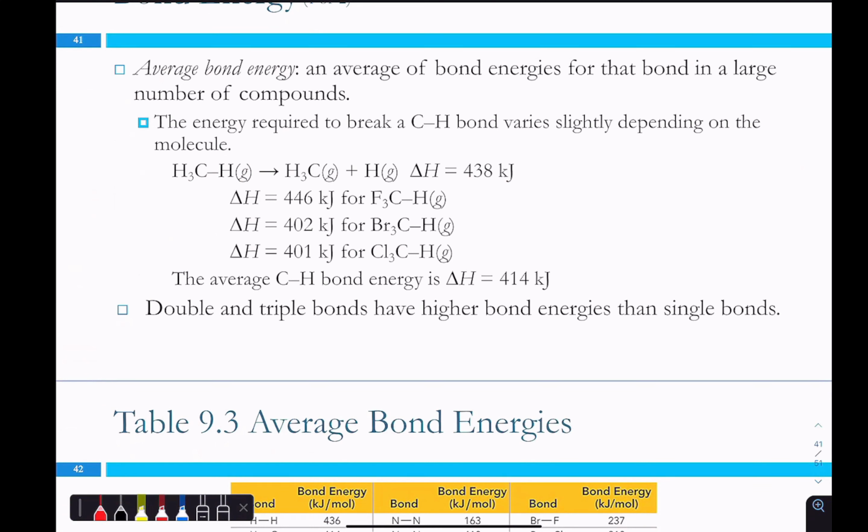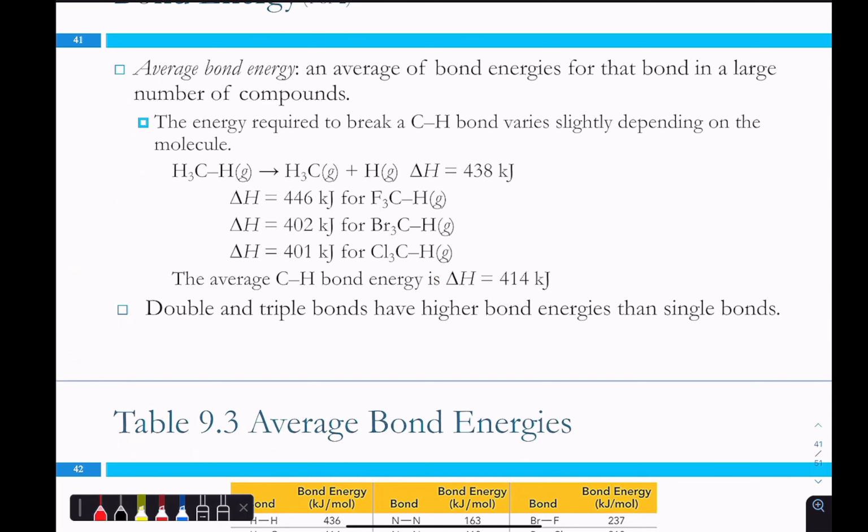That changes a little bit if it's carbon with 3 fluorines and 1 hydrogen: then that hydrogen bond takes 446 kilojoules, a little bit more energy. If those are bromine instead, then it's a little bit less. So we can average over a bunch of different situations for this carbon-hydrogen bond and get an average value of 414 kilojoules.